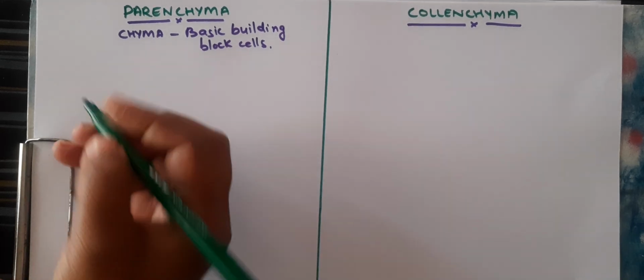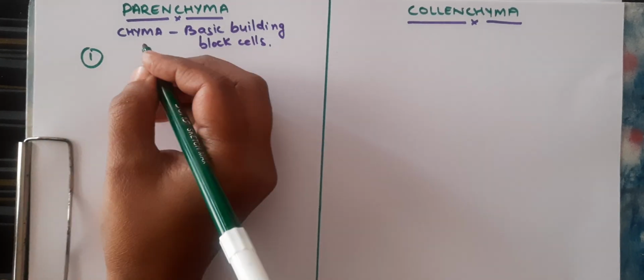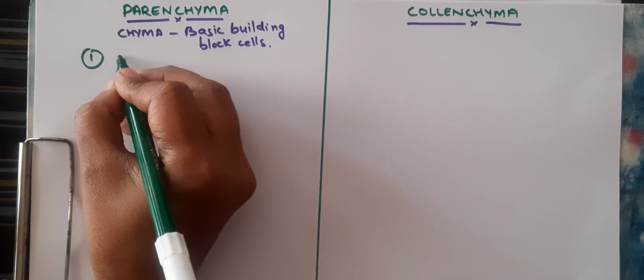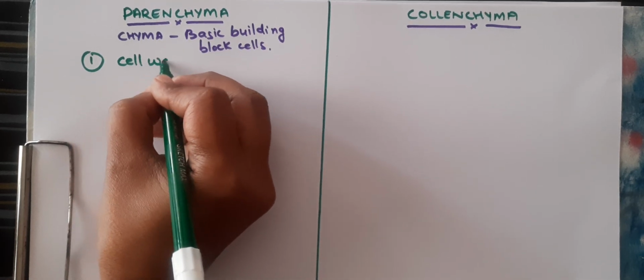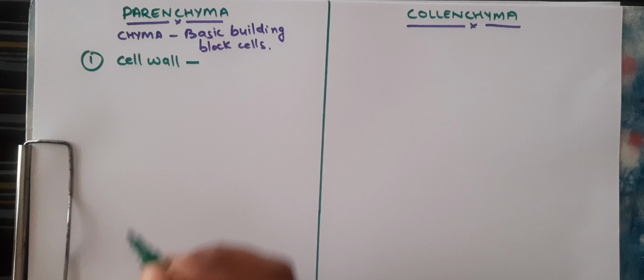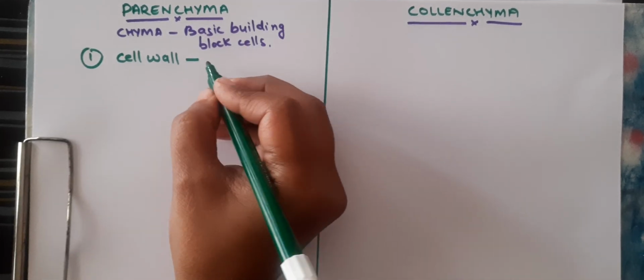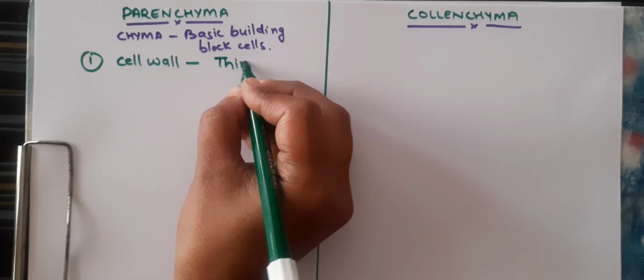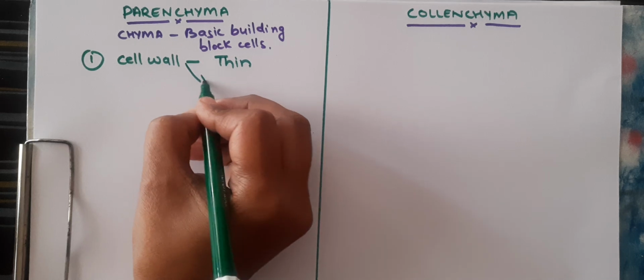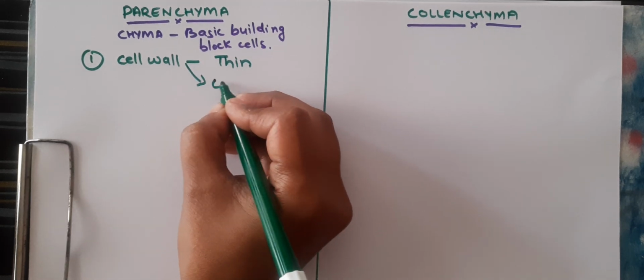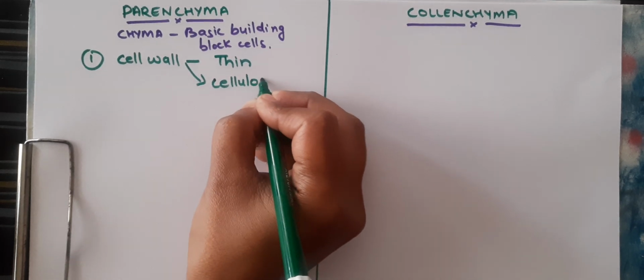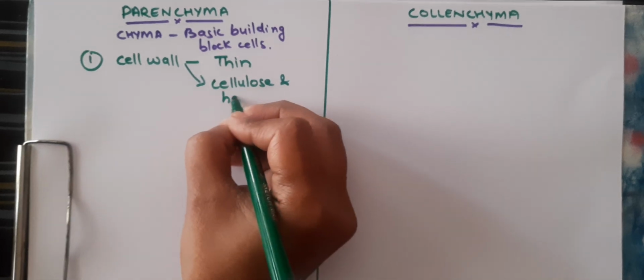The first difference is the cell wall. The parenchyma cells have a thin wall, and the cell wall is composed of cellulose and hemicellulose.